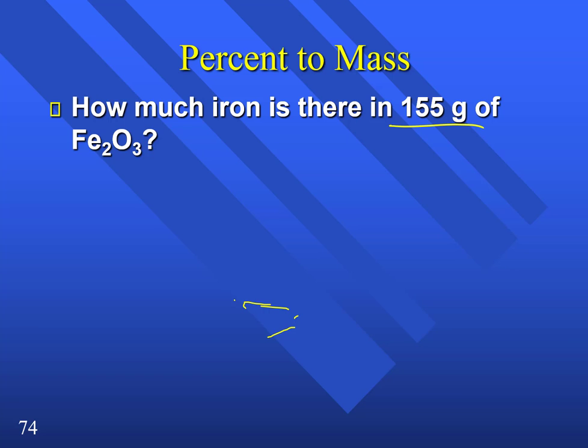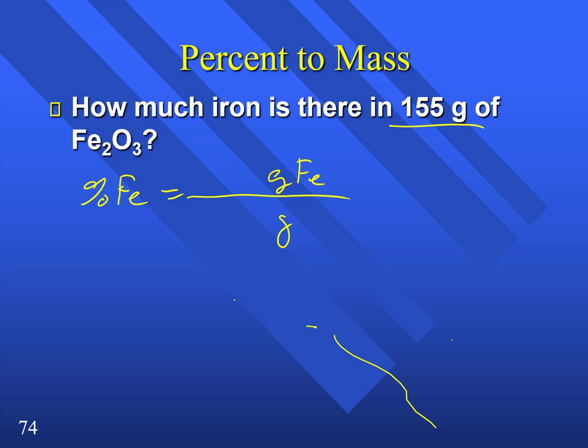So to figure out how much iron there is in 155 grams of iron 3 oxide, I can figure out the percent that's iron. That would be the grams of iron over the total grams times 100%.